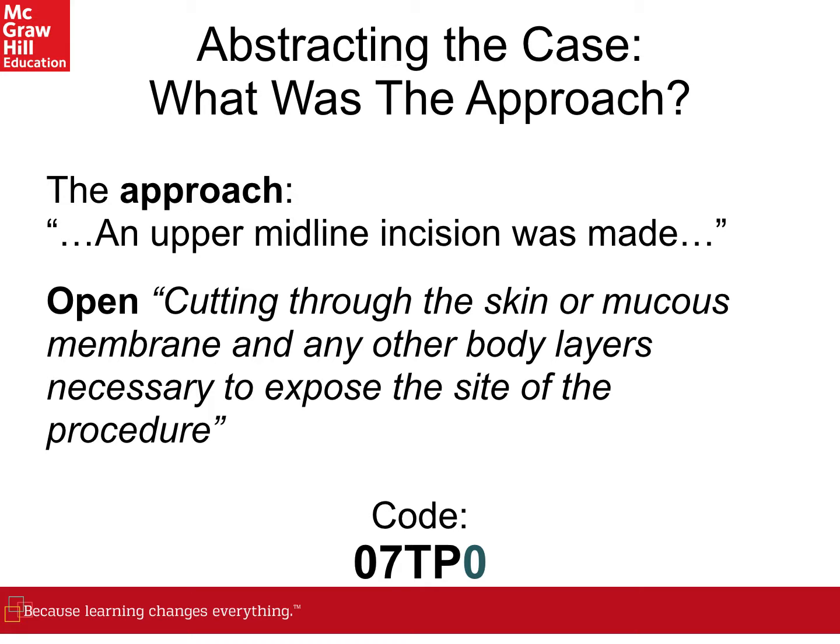Open is defined by PCS as cutting through the skin or mucous membrane and any other body layers necessary to expose the site of the procedure. And that's what they had to do. They made the incision until they could get down to the spleen, which was the site of the procedure. That leads us to 0. So we now have 07TP0. 5 characters down, 2 to go.